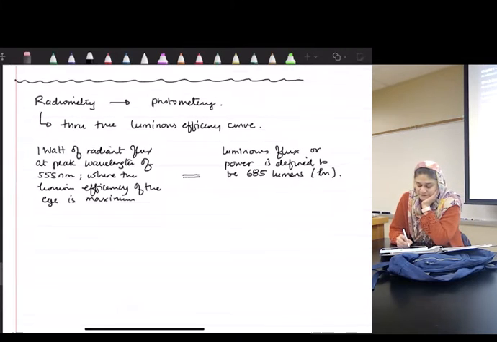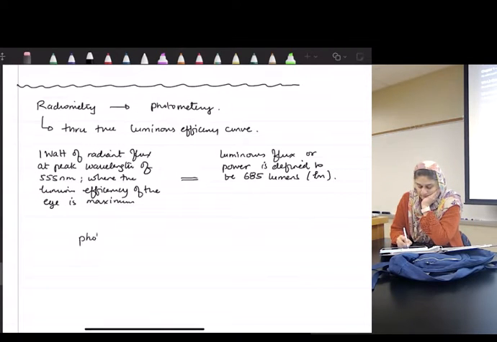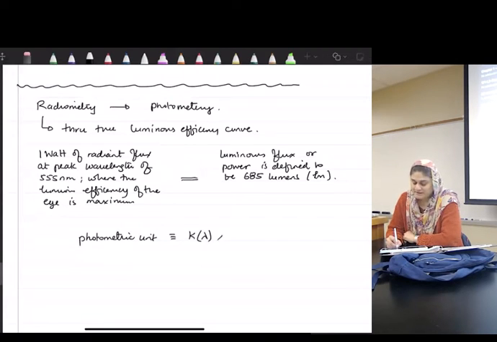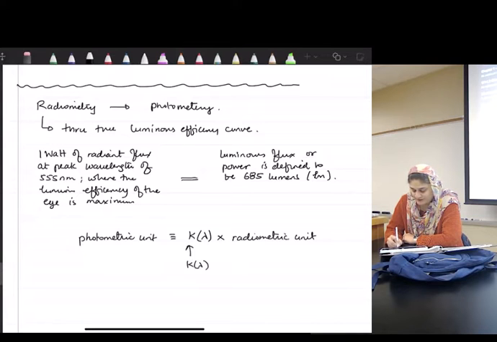So a photometric unit is defined as K as a function of lambda times a radiometric unit, where K of lambda is 685 times V of lambda.